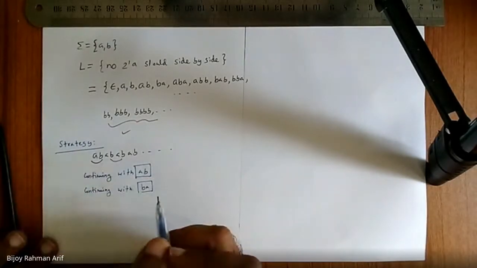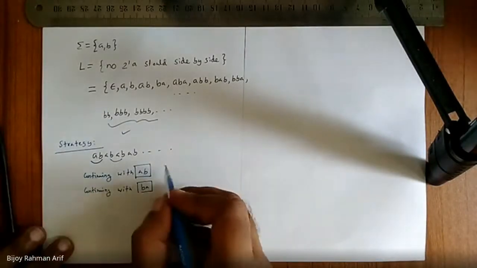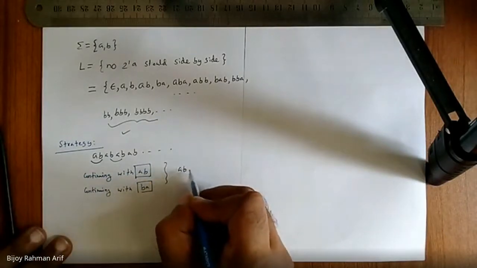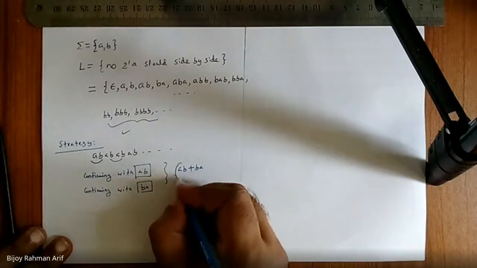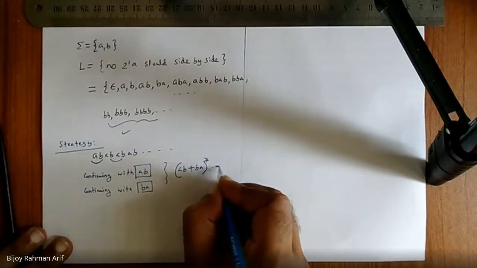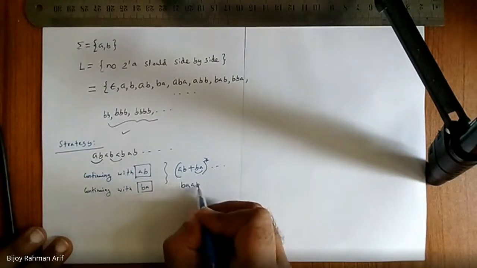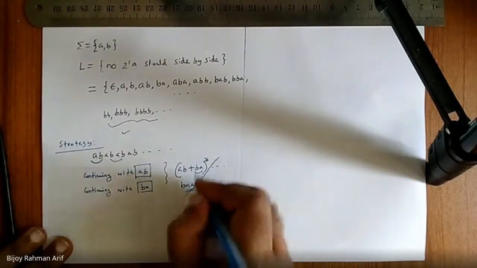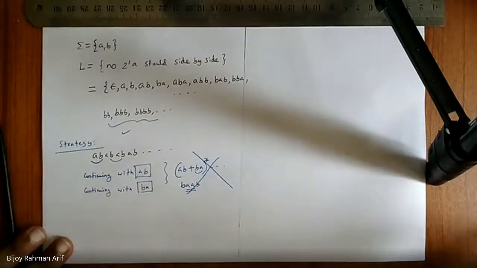BA might be a building block, but don't use them together. Don't use both of these building blocks together. For example, if you use AB or BA star, then what happens? If you take BA first, AB second time, then two A's become side by side. So this is not permissible. Take only one building block. Which one do you want to take? Either AB or BA. Okay, let's take AB.